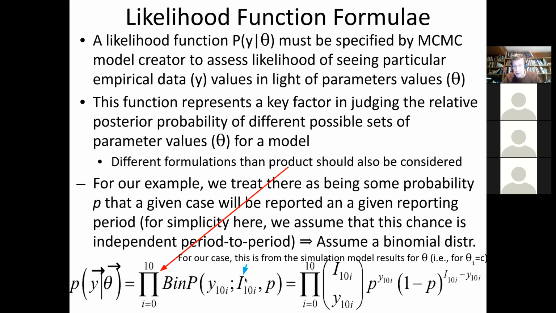And I ask, okay, for that many infections and this probability of reporting, what's the probability, the likelihood of observing this empirical data, whatever it is, and I evaluate that. And then I multiply them all together. These probabilities are multiplied together. And that can be expressed for a binomial distribution for those familiar with your distributions in this form. This just unpacks mathematically to this. This is the form of the binomial probability distribution.